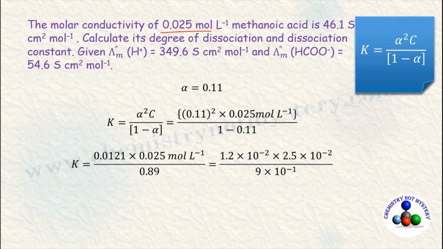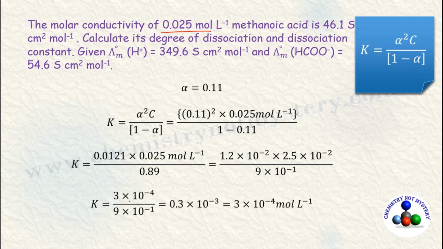For the ease of calculation, let's convert all the values in scientific notation. So here you will get 1.2 into 10 raised to minus 2 multiplied by 2.5 into 10 raised to minus 2 divided by 9 into 10 raised to minus 1. So when you solve it, you will get 3 into 10 raised to minus 4 divided by 9 into 10 raised to minus 1.